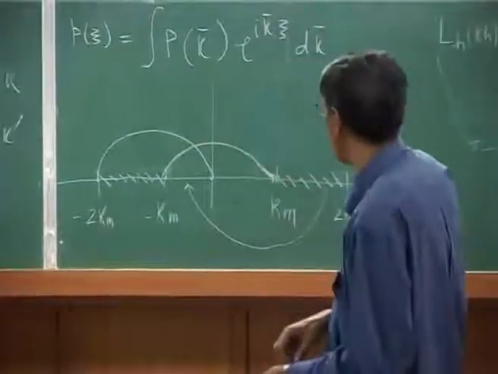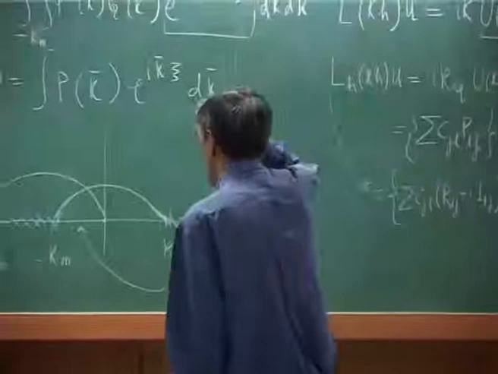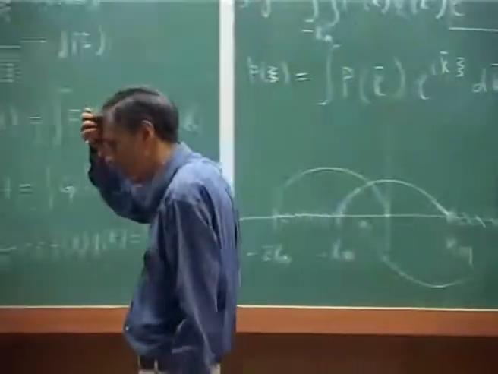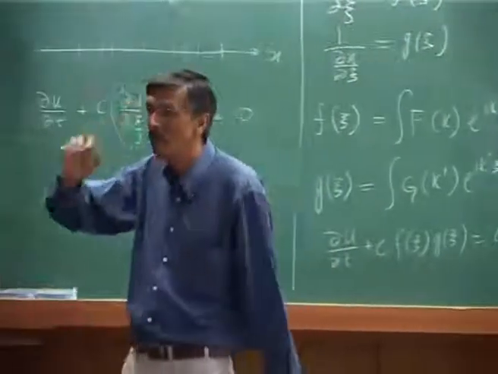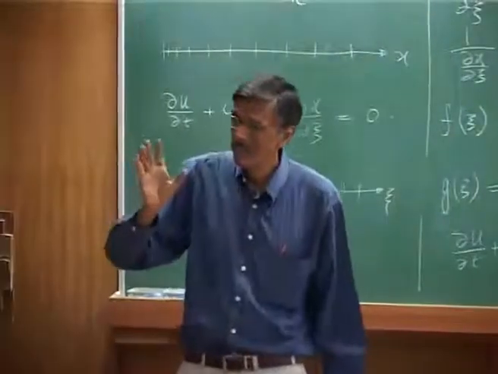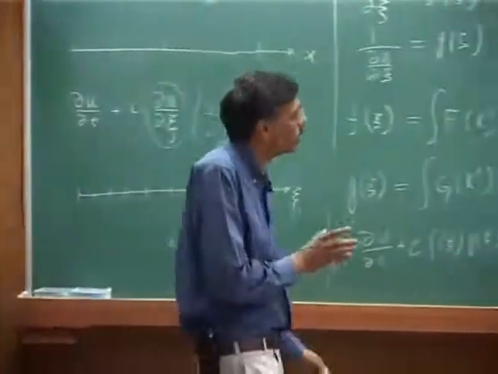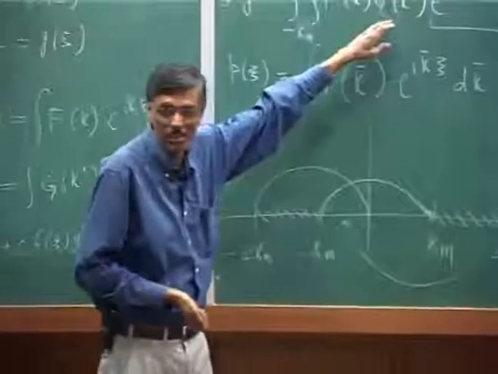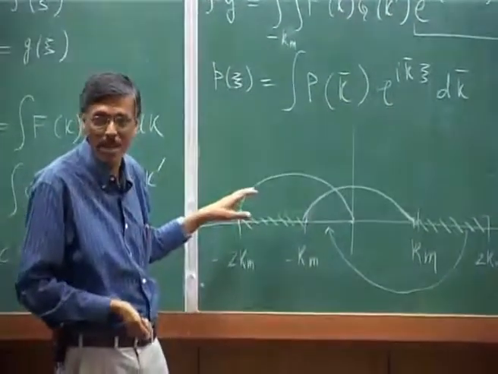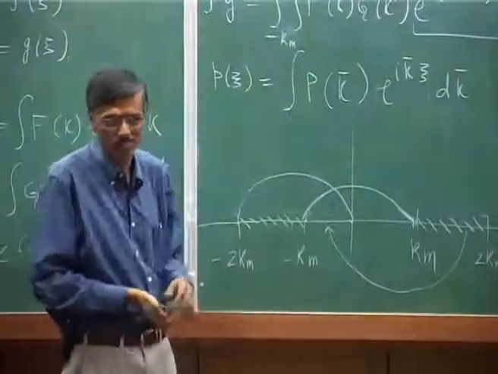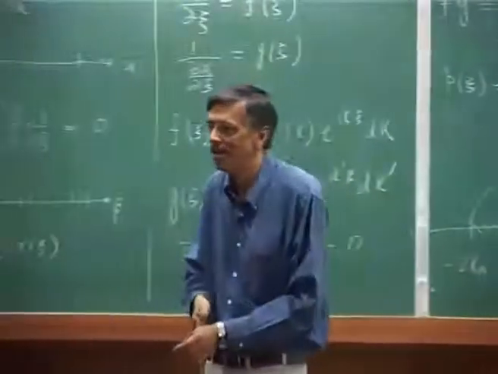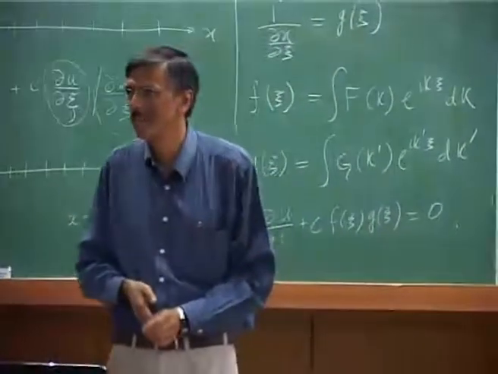And this is something you have to understand, that what is happening now is that some component of the product cannot be resolved properly, and they have been given a new name. This is what we call aliasing, right?